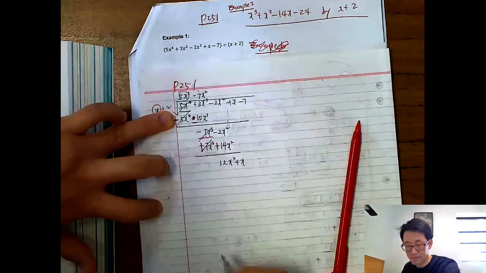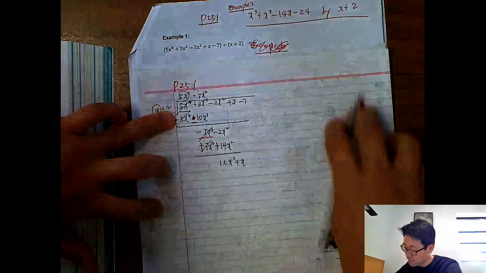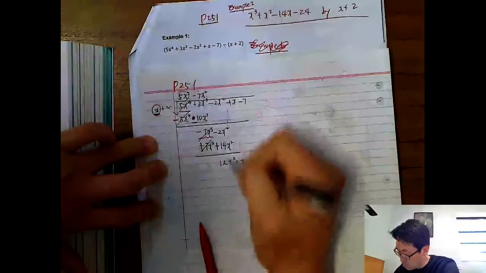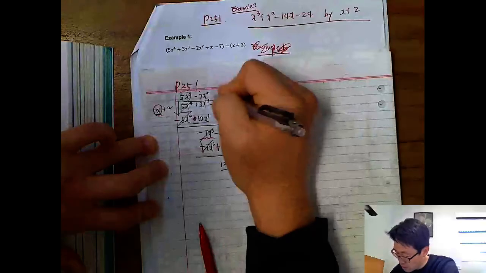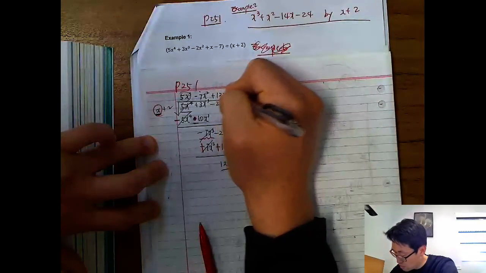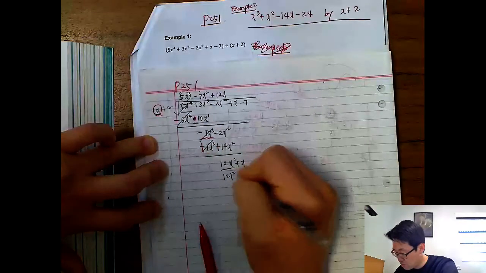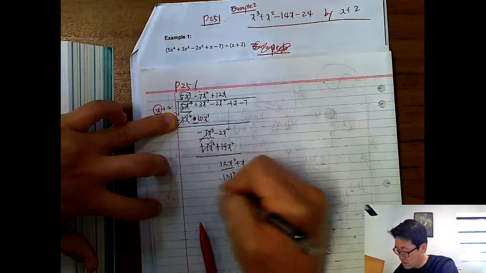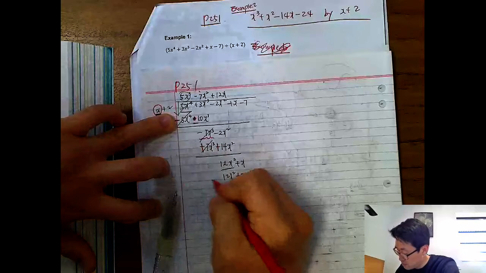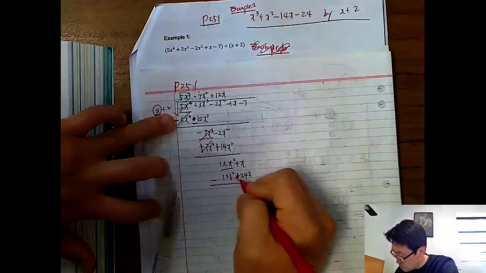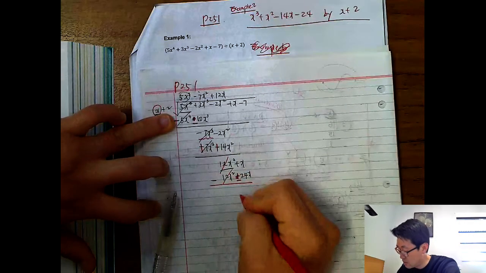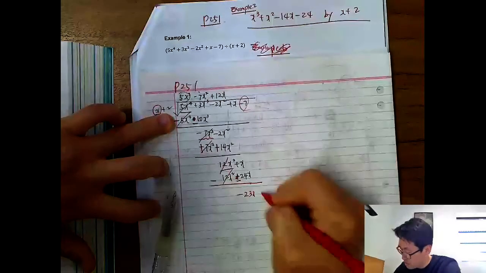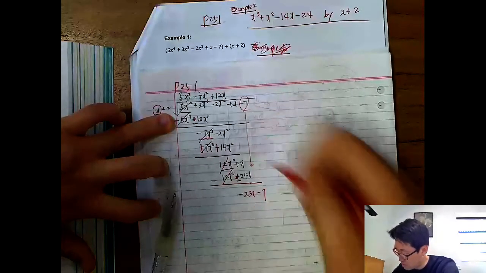Plus x. And x times what will give me 12x squared, plus 12x. 2 times 12 is 24x. Remember, minus, cancel that out, minus 23x. What's left? Minus 7.